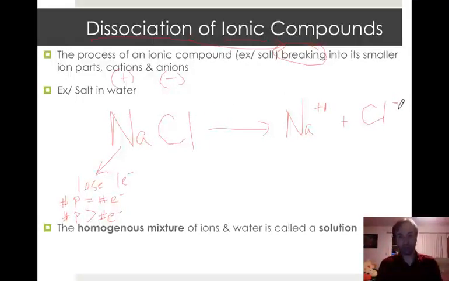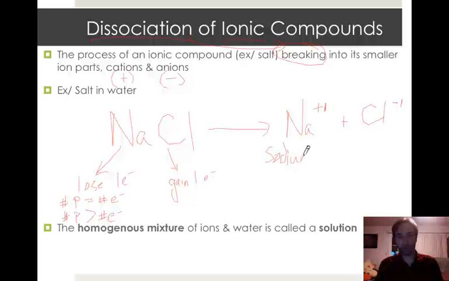But the question is, how negative? Well, chlorine has a valence of 7. So to get to its octet, the easiest thing to do is to gain 1 electron. Since we only gained 1 electron, that means our charge only changed by 1, which means it has a charge of -1. So we have the sodium ion here.